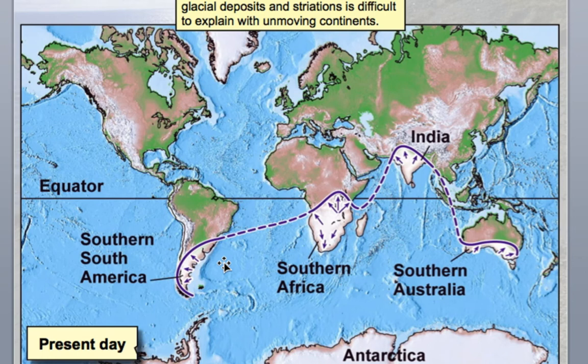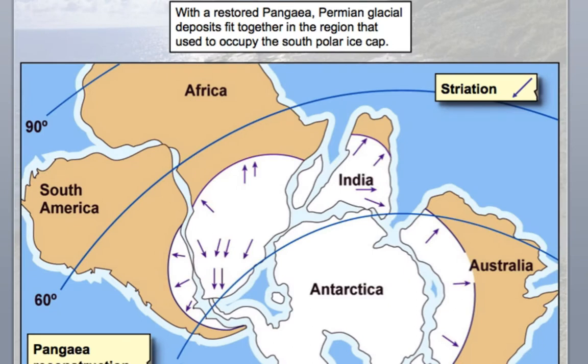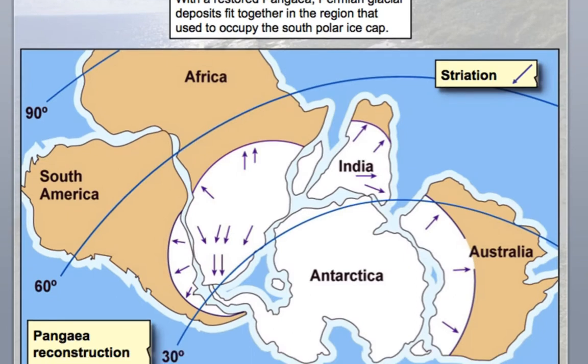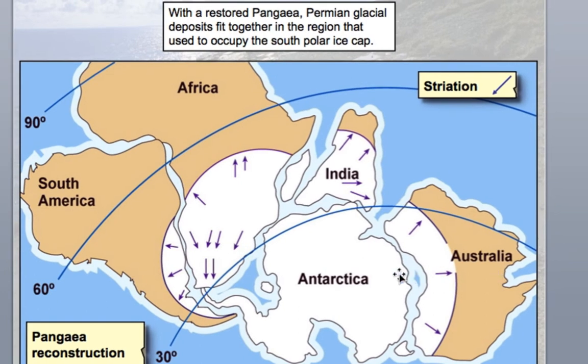However, what Wegener proposed is, well, here are the glacial striations, these scratches right here. Let's reassemble Gondwana. When he reassembled the continents, he noticed, to his surprise, that it seemed like there was a glacial mass over South Africa and Antarctica, and the ice was moving out in all directions.